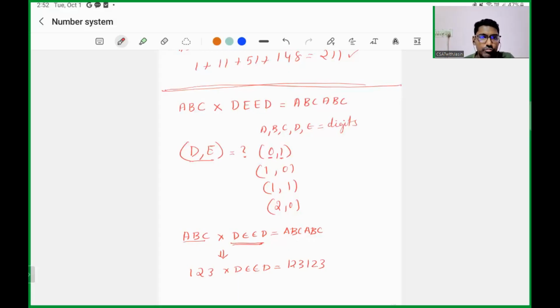You can take anything, like 246 or 369 or 578, whatever you want. I'm just taking 123. So 123 into DEED is 123123. Now here one thing that you need to understand is, here the unit digit is 3, here the unit digit is D, and here the unit digit is 3 itself.